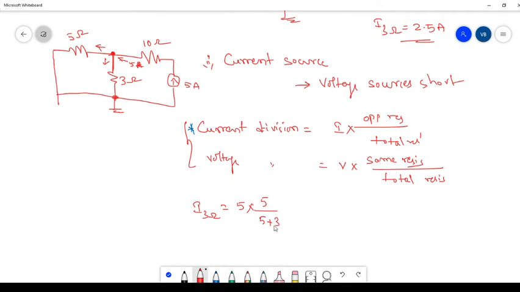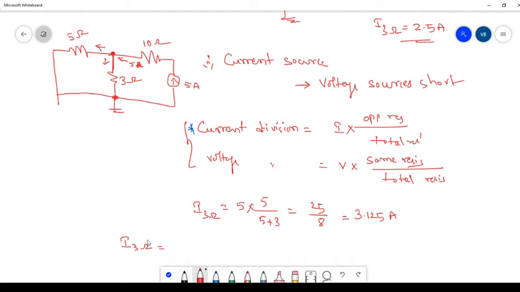So 25 by 8, that value will become 3.125 amperes.